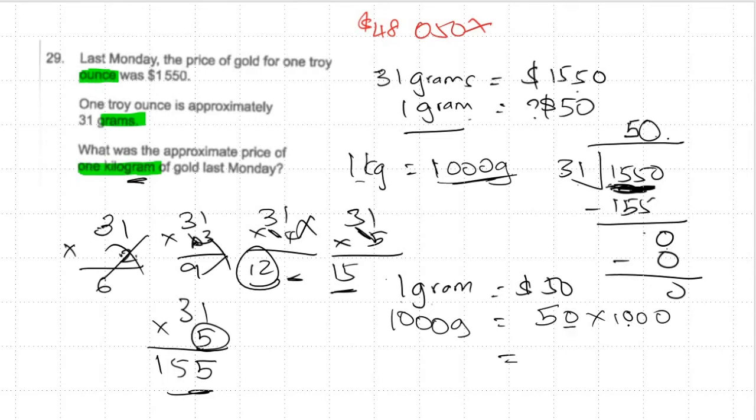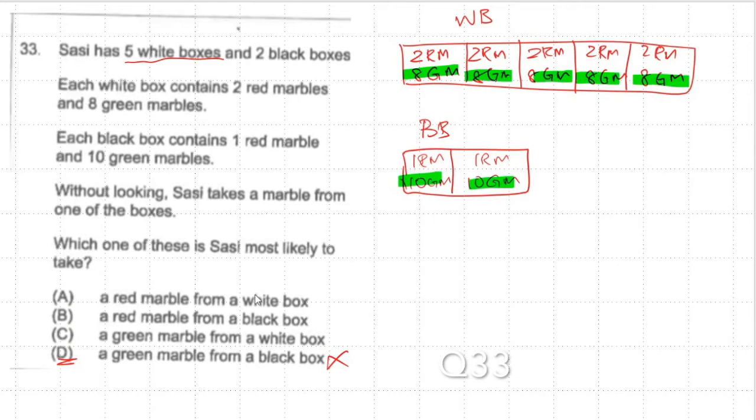How many zeros do you have? 1, 2, 3, plus the 5. So 1,000 gram, which is 1 kilogram, costs $50,000. The answer it actually gave me is D.